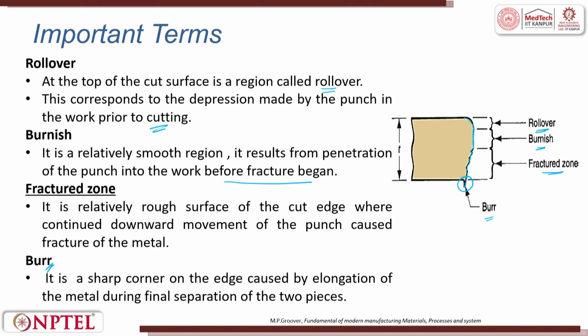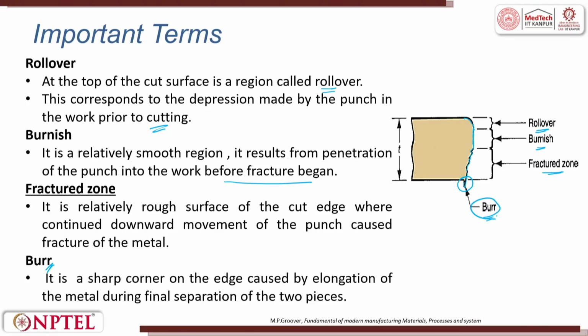If you touch and feel just on top of a hole made on a metal sheet, you will always see sharp edges. Those sharp edges are called burrs. So, when we do a cutting operation and take a cross section, these are the terminologies: rollover, burnishing, fracture zone and burr formation.